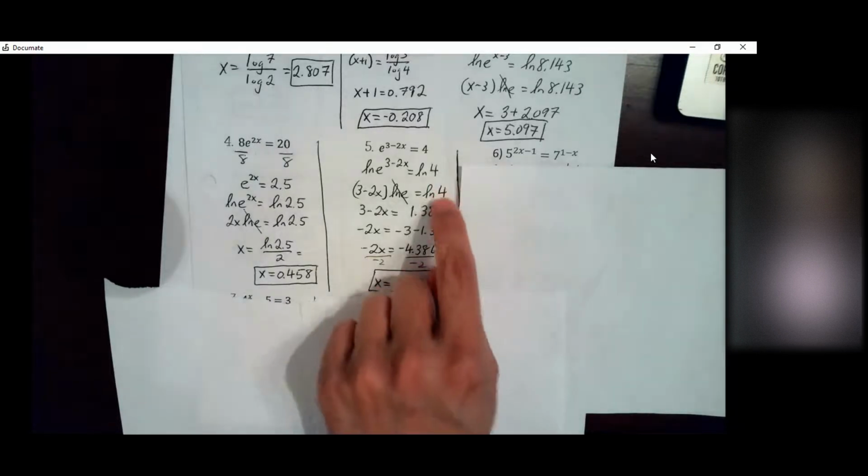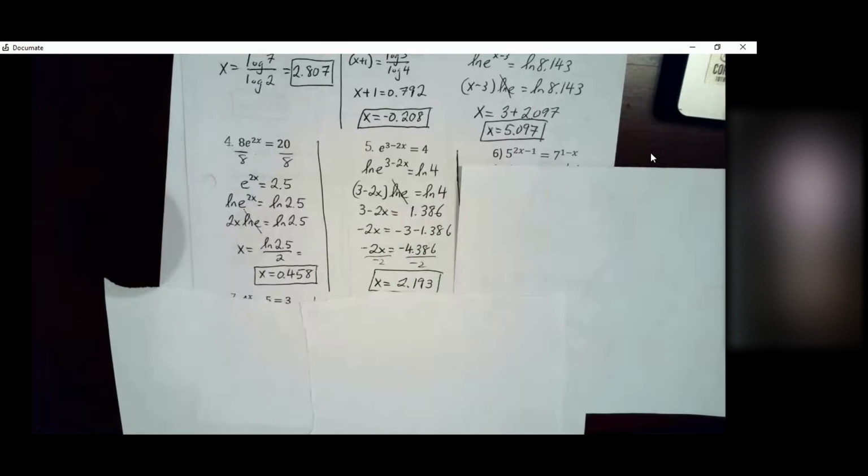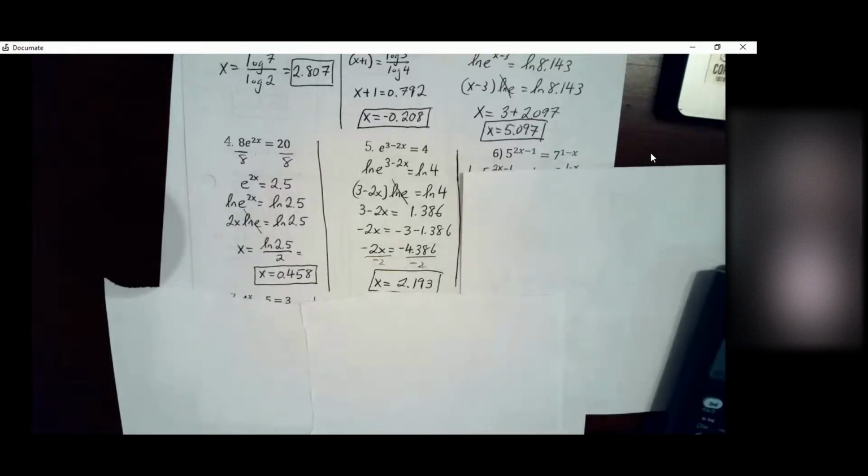That's right. But did you do natural log of 4, close parentheses, minus 3? Let me try that again. Yes, and I got negative 1.613, and then that divided by negative 2, I got 0.806. Let me double check it. Natural log of 4. Yeah, you're right. I think I'm wrong here. It's 0.807. Let me change that.